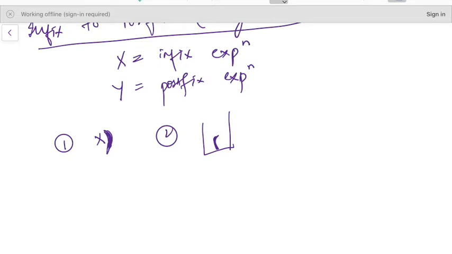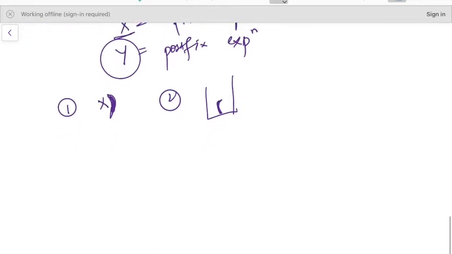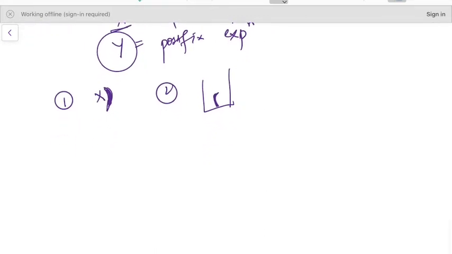And we use a stack data structure to temporarily hold the operators for us. So let's start. This y is the equivalent postfix expression for this given infix expression. So this y is not an alien here. Let's take an example and we'll see how it goes on.